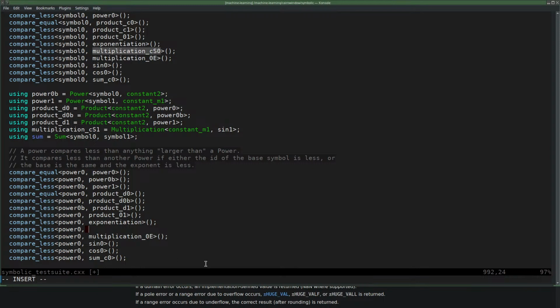But also less than a multiplication that starts with a constant. But it can't be a product, so it's kind of the same thing as comparing with the symbol. The symbol is a power to the power 1, and here it's to some other power, but it doesn't really matter because you can't have a multiplication with a constant and anything that is equal or less than powers or symbols.